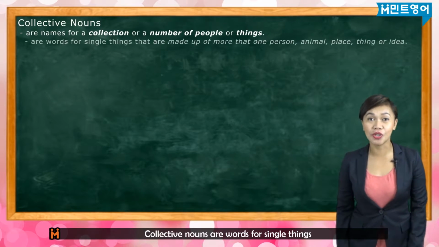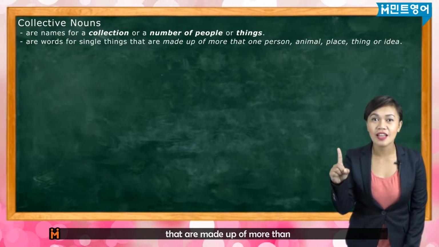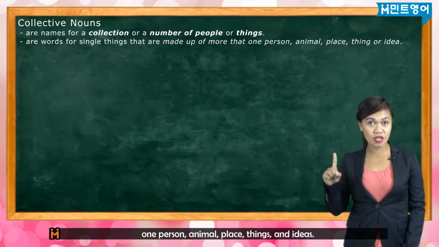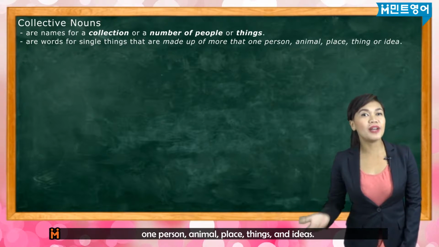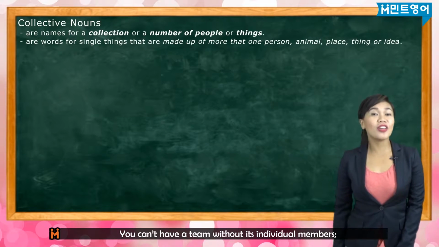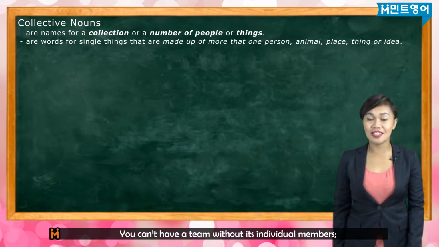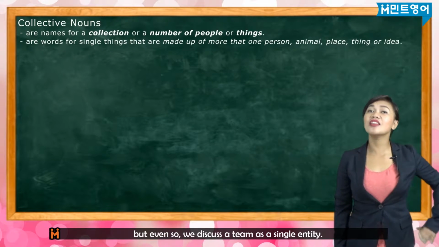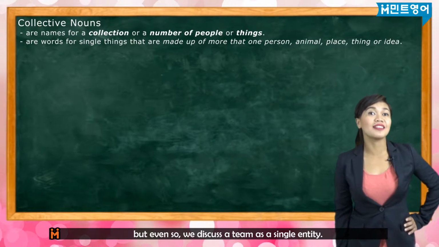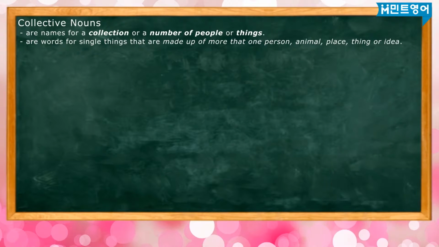Collective nouns are words for single things that are made up of more than one person, animal, place, thing, and idea. You cannot have a team without its individual members. But even so, we discuss a team as a single entity.